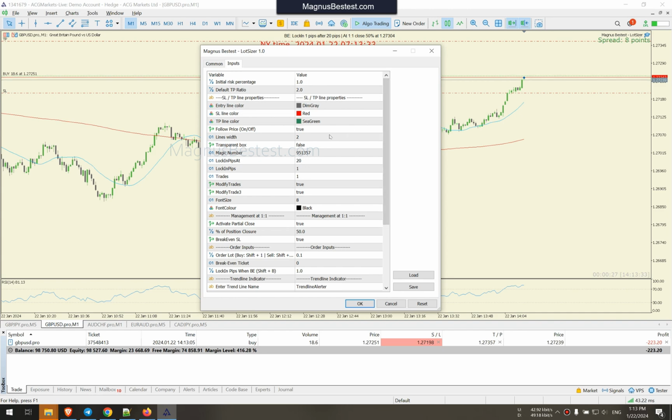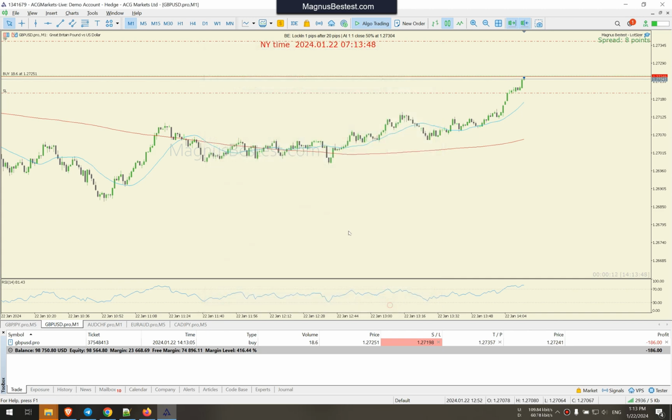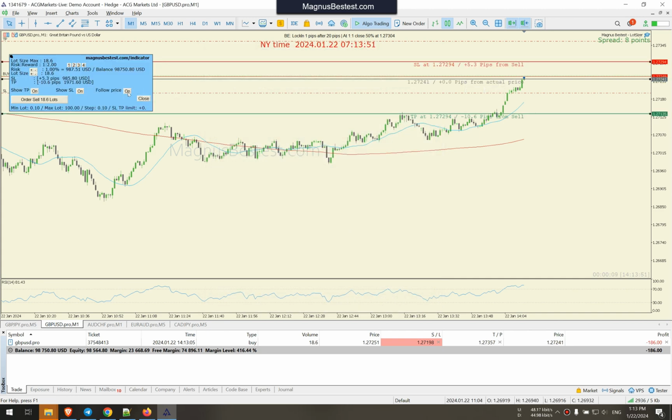This was actually already an improvement. You have by default the line of entry price. It always follows the market price unless you uncheck it here, like you put false, double click, or once you are here, you just uncheck, or you just click on the follow price on and it will be off.